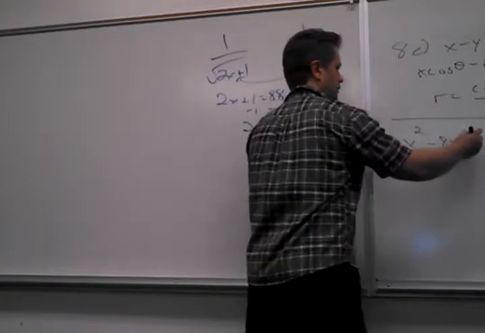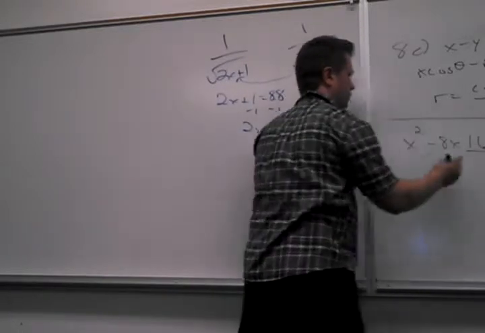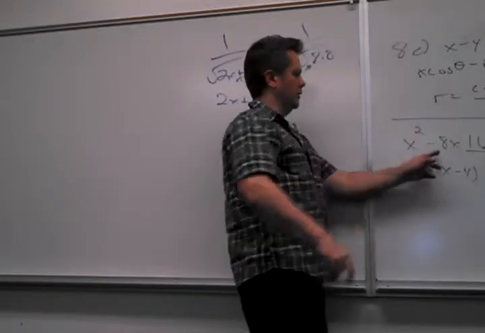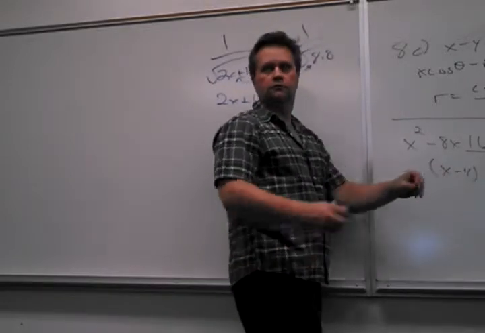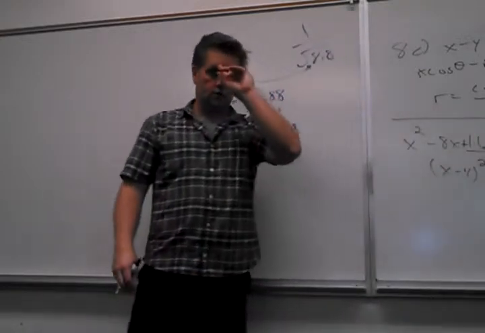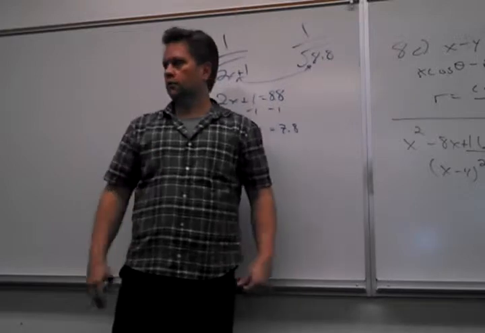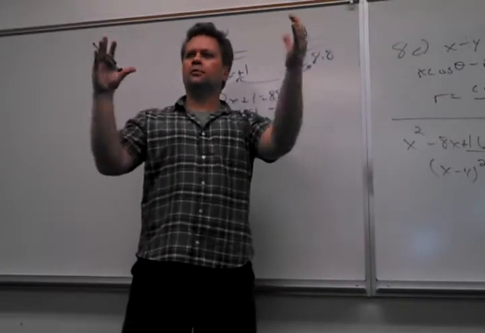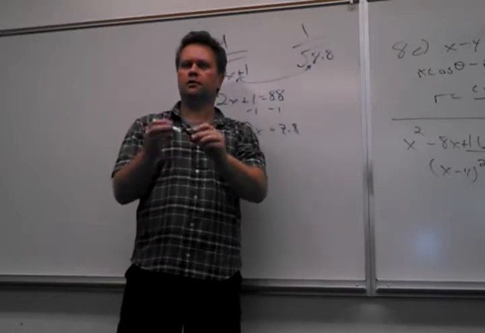Squared is 16. So then I would get x minus 4. This always factors as the first step. Half of negative 8 is negative 4. And then you can square root and go from there, right? So that process is used to put circles, hyperbolas, ellipses into standard form.